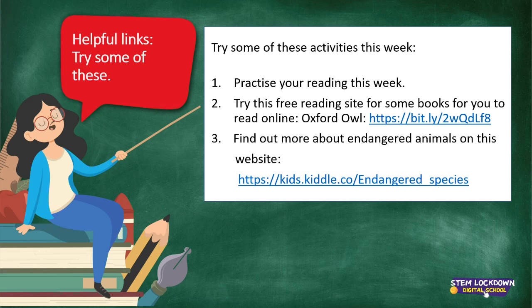And number 3, if you want to find out more about endangered animals, you can go to this website, kids.kiddle.co. Kiddle is another, it's like Google, but it's a different browser, Kiddle, and its language is said to be a bit easier than Google's language, and you could look up endangered species.